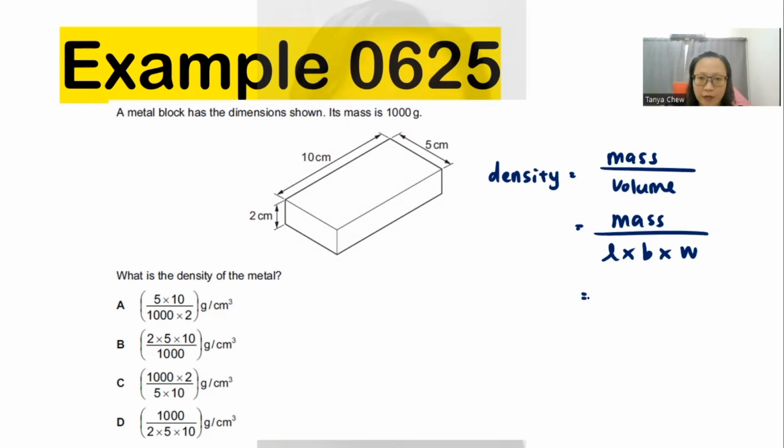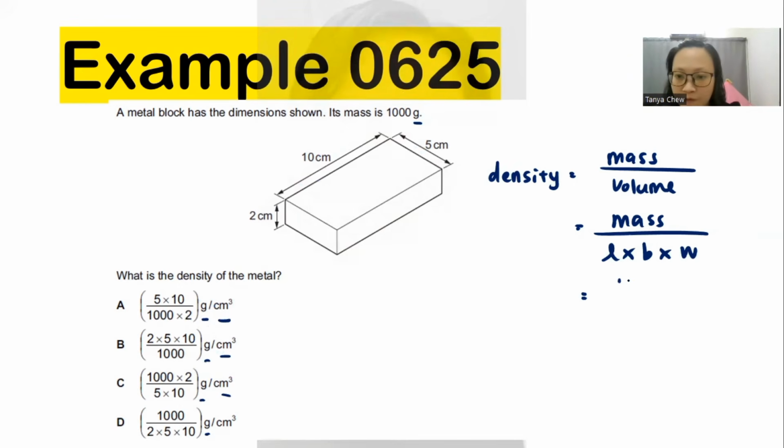But before that, I have to make sure that the units tally. So mass is in gram. So I look at the units of density of all the four choices here. They're measured in gram. And what about the volume? cm times cm times cm, I get cm cube. Oh, all the units are in cm cube. So I do not have to convert my gram to kilogram or cm to meter.